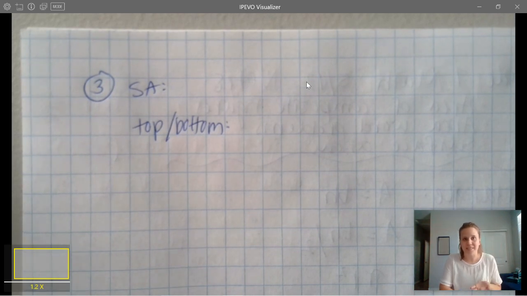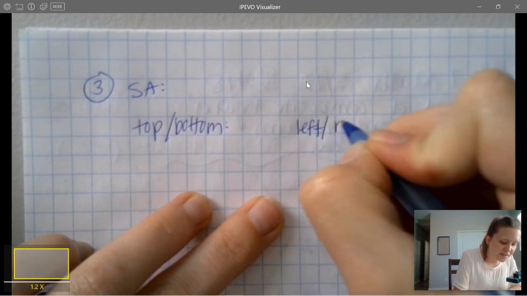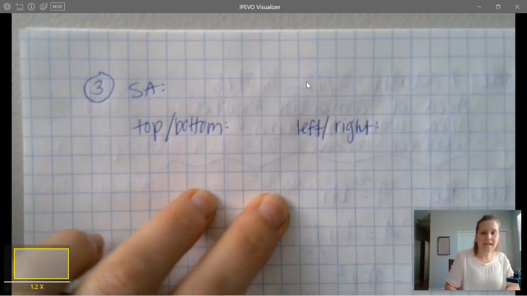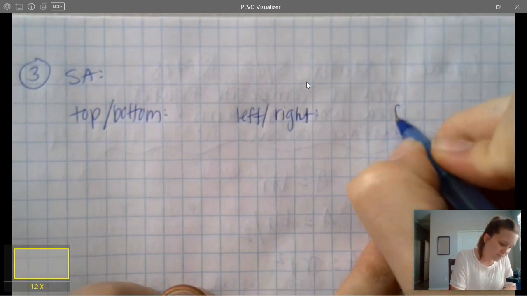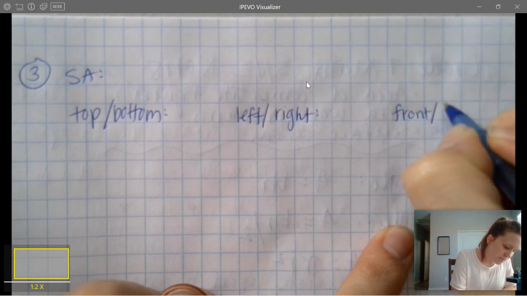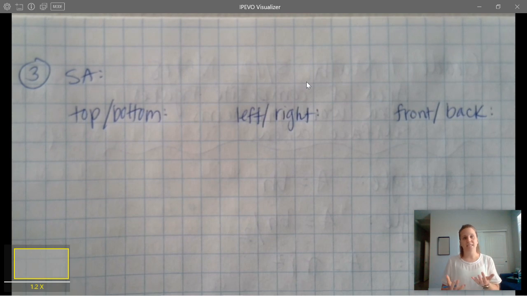Remember, the top and the bottom are the same. I'm also going to find the area of the left and the right side. And remember the last pair? Yes, the front and the back. So surface area is the sum of all these areas.